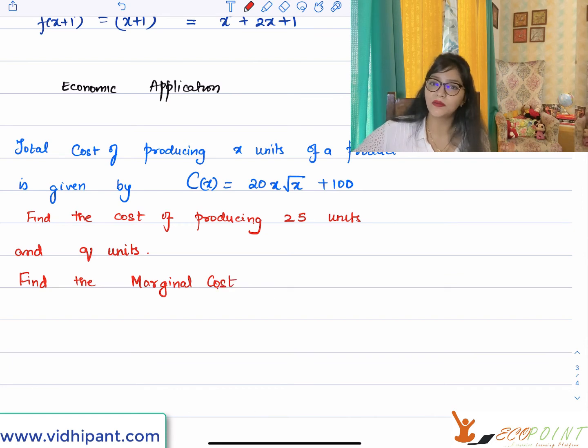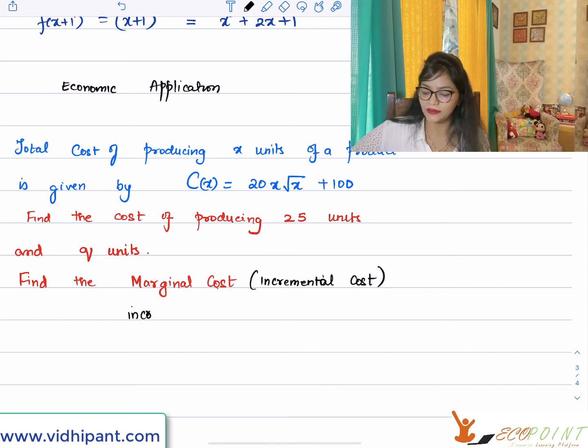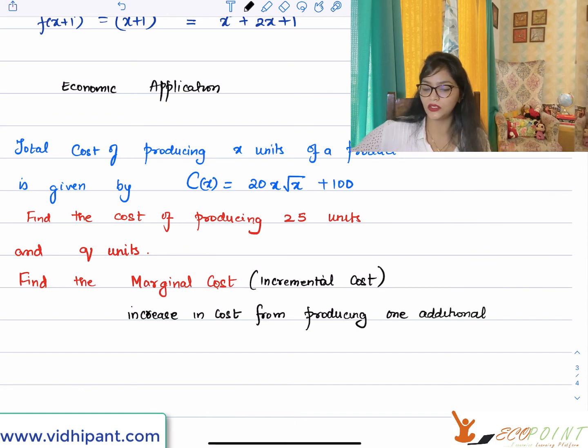Marginal cost is nothing but the incremental cost. So it essentially means what is the increase? In other words, I want us to find out what is the increase in cost from producing one additional unit.